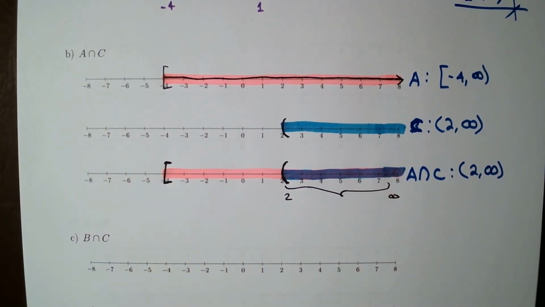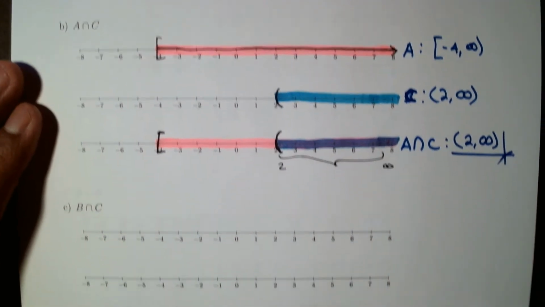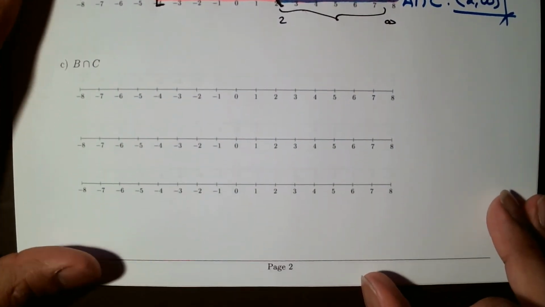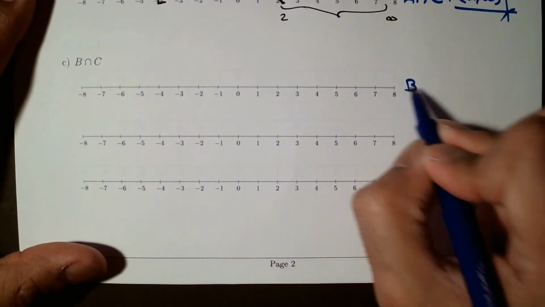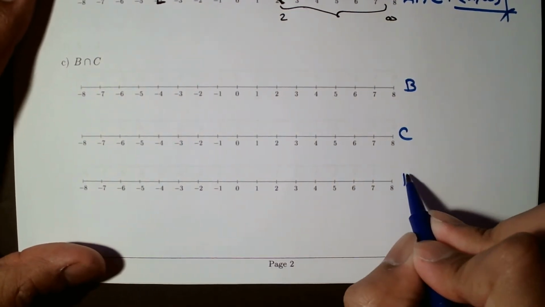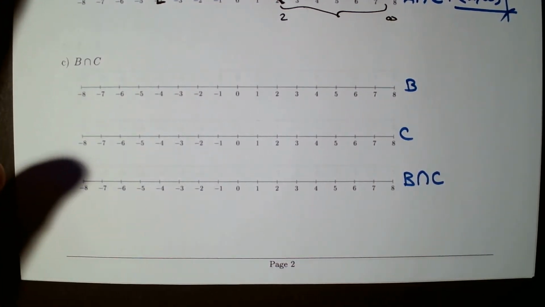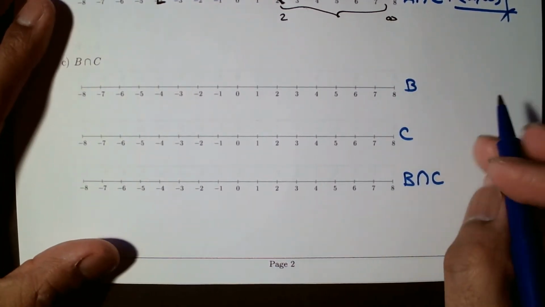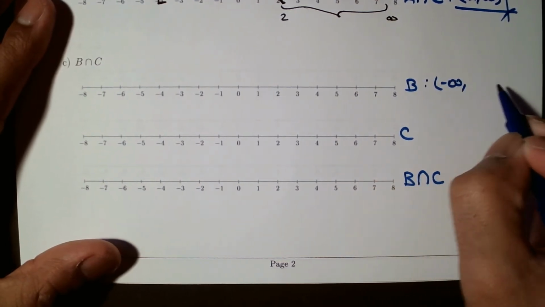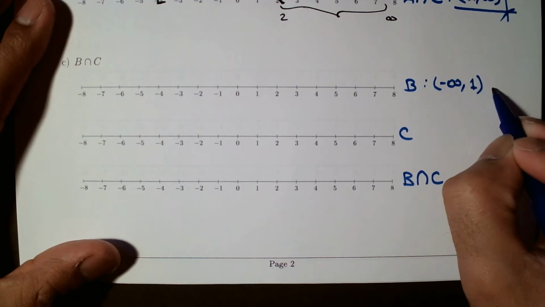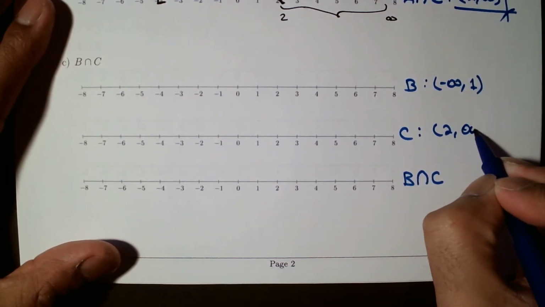All right. Let's do another example. The intersection between B and C. So this is B, this is C, and this is B and C. Let's recall that B is negative infinity to 1, and C is 2 to infinity.